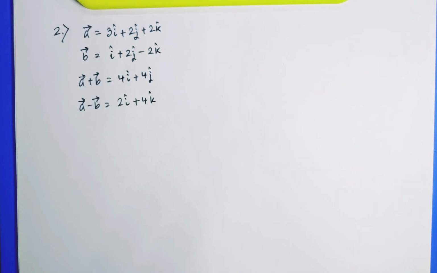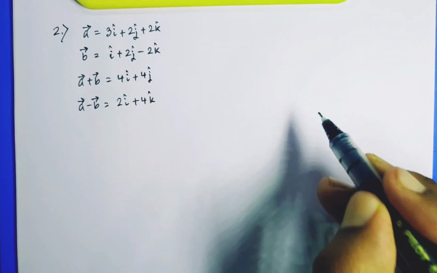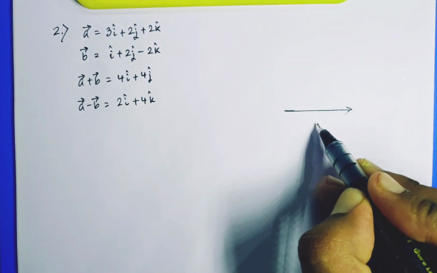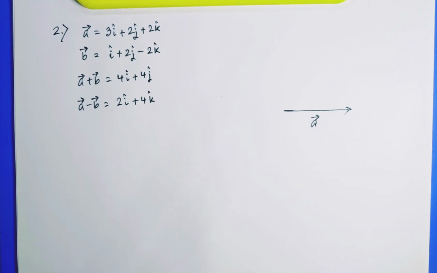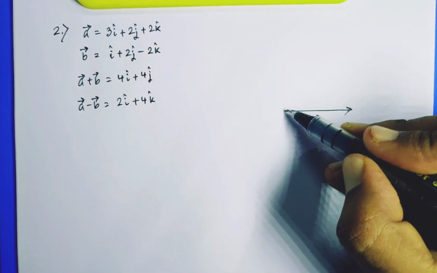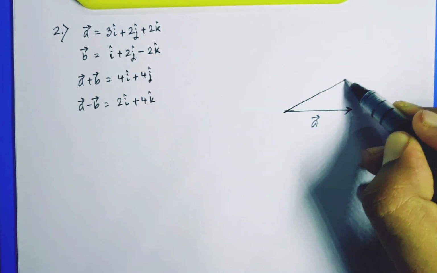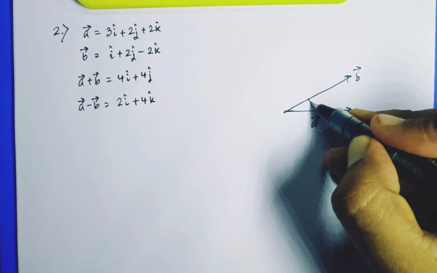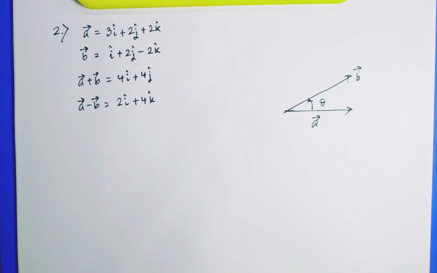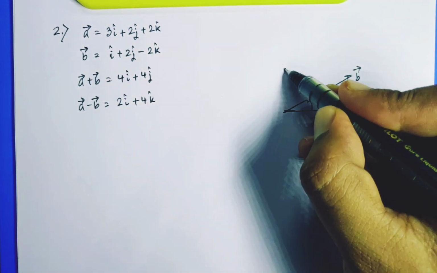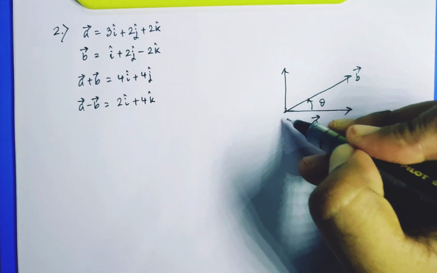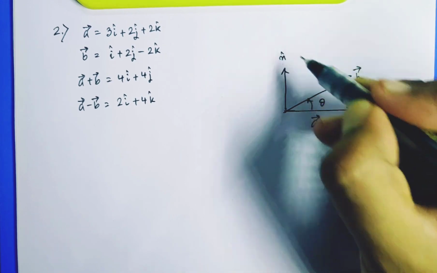Okay? So first thing, what we learned in cross product is, suppose we have a vector like this, and we have another b vector in this direction. And the angle between them is theta. Now if you have to find a unit vector which is perpendicular to both of them, we do what?